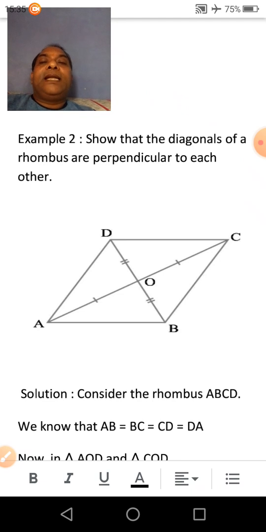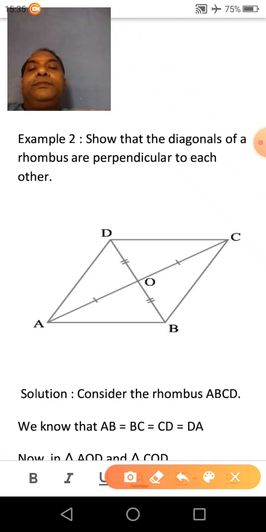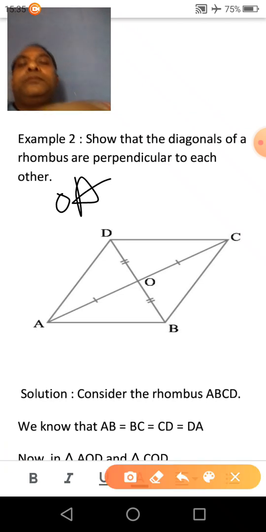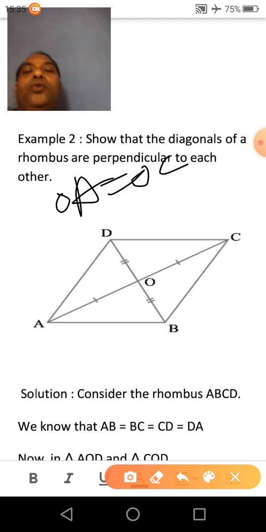Now next example: show that the diagonals of a rhombus are perpendicular to each other. So here ABCD is a rhombus. You have to show that the diagonals of a rhombus are perpendicular to each other. You have to prove OA is equal to OC and also OB is equal to OD.